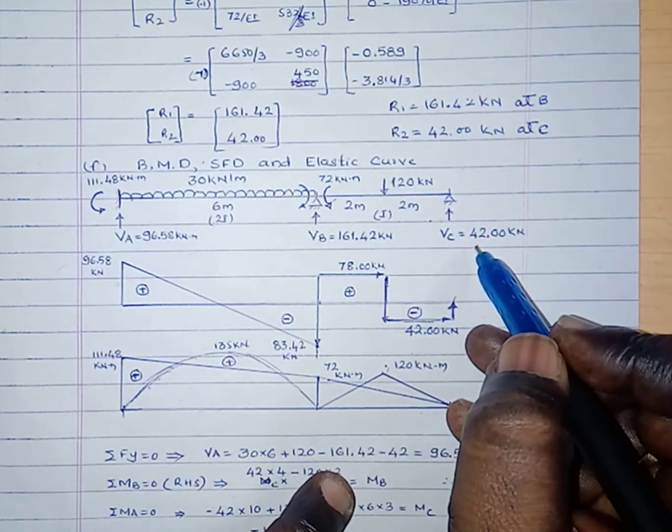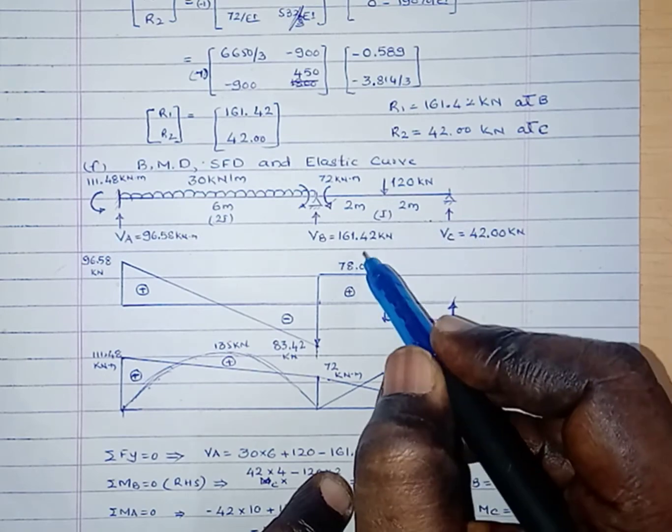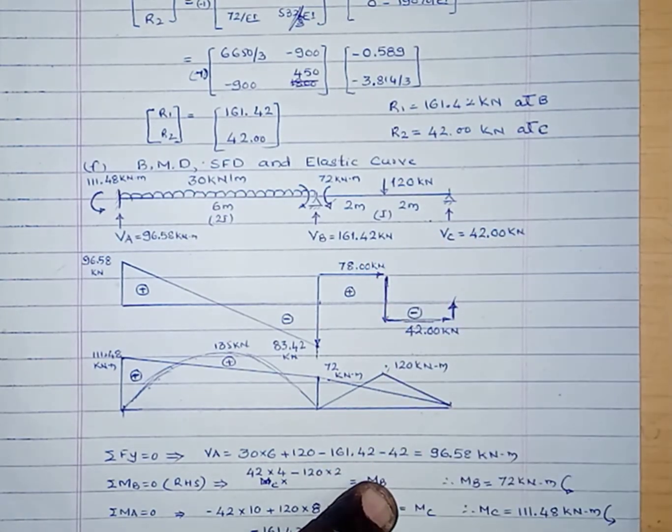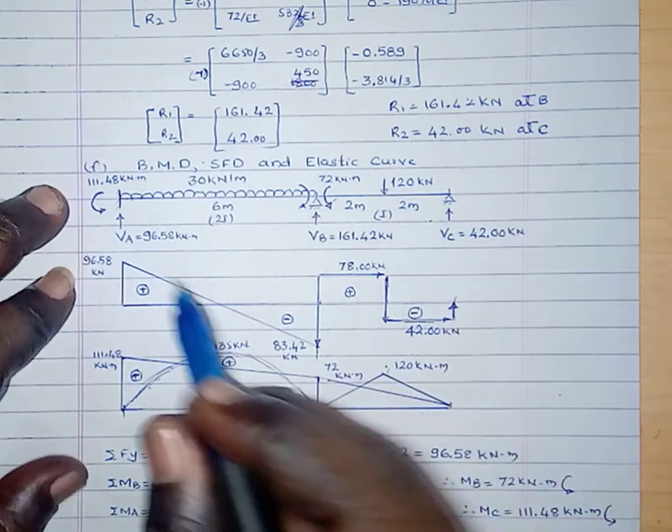Here the support reactions VB and VC are 161.42 and 42, just now calculated. Here we will get the support reaction at A, Va, as 96.58 kilonewton. Now by using that we can easily draw the shear force diagram.